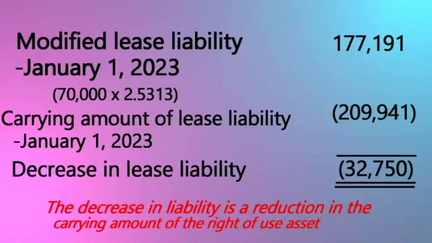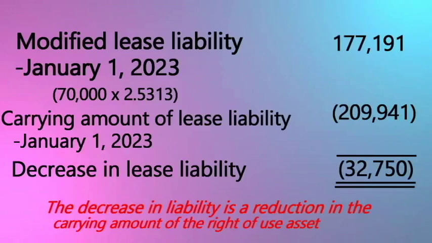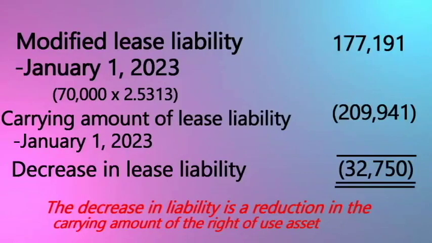So, 70,000 times 2.5313, which is equal to 177,191, less the carrying amount of lease liability as of January 1, 2023, which is 209,941 na makikita sa Table of Amortization noong December 31, 2022. Note that the decrease in liability will lead to a reduction in the carrying amount of right-of-use asset.